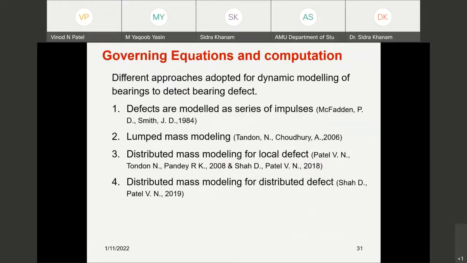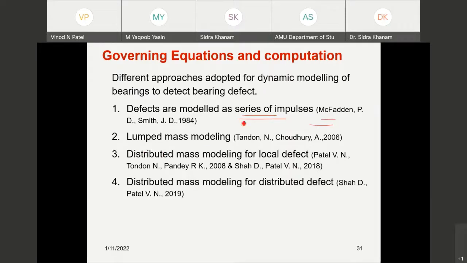Now, how do we derive the governing equations and the equation of motion for different dynamic conditions? While the defect comes into contact with the rolling element, different approaches have been adopted for dynamic modeling. The defects were modeled as a series of impulses, first given by McFadden.